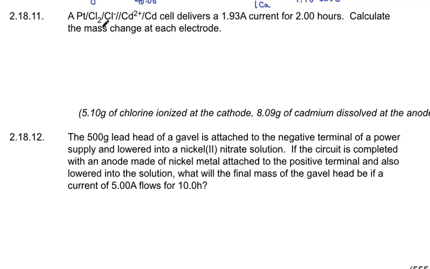On the chlorine side, we're turning chlorine ions into chlorine gas. So we have 2Cl⁻ turning into Cl2 and some electrons. And the current is 1.93, the time is 2 hours, which is 7,200 seconds.